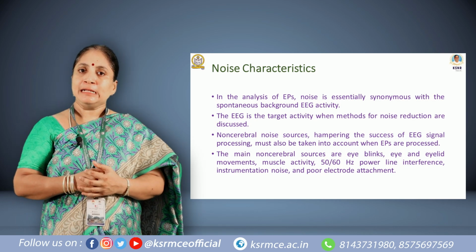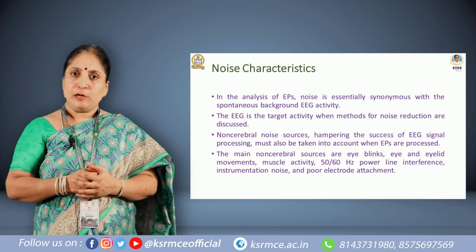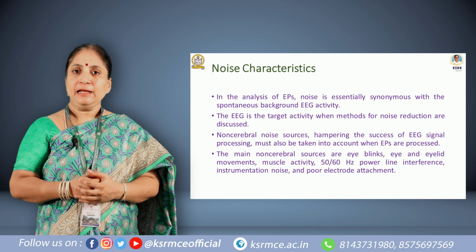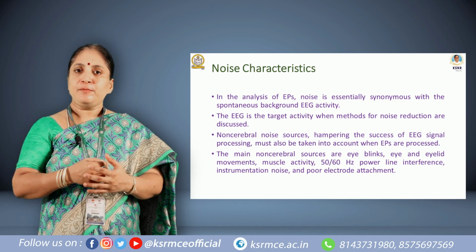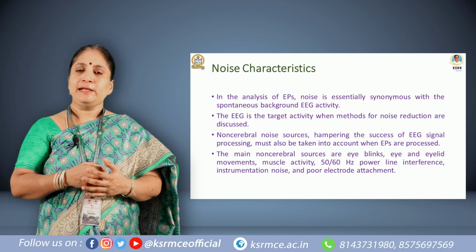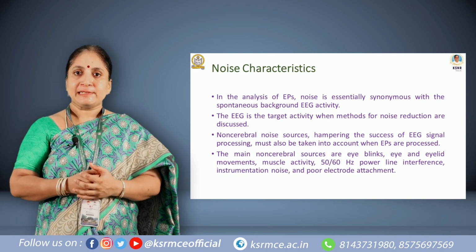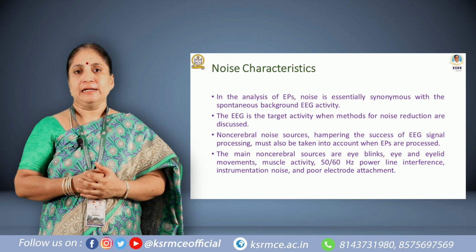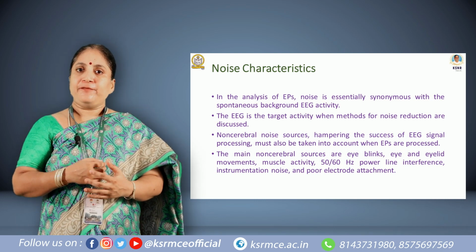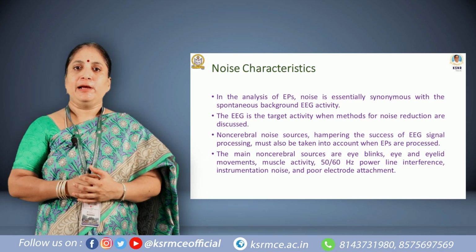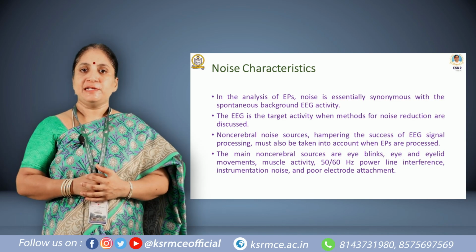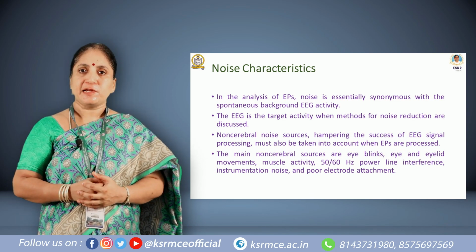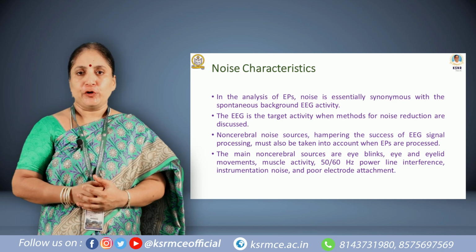Other non-cerebral noise sources must also be considered. Examples of non-cerebral noise sources are eye blinks, eye movements, and 50-60 Hz power line noise. These are to be suppressed while extracting the evoked potentials.